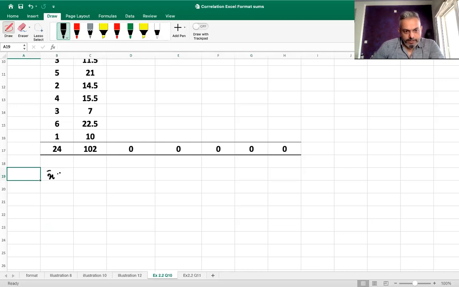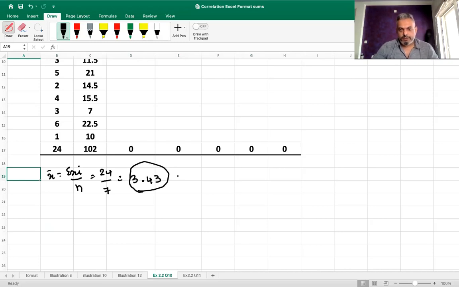So x bar is equal to sigma xi upon n, which is 24 by 7, which is equal to 3.428, so 3.43. Again, this is in fraction.